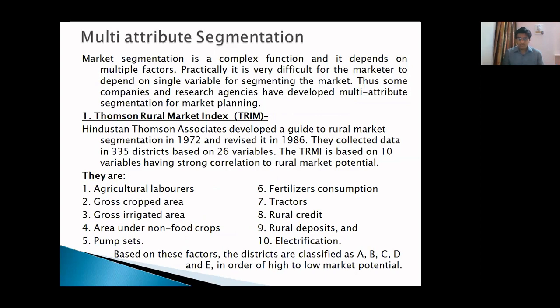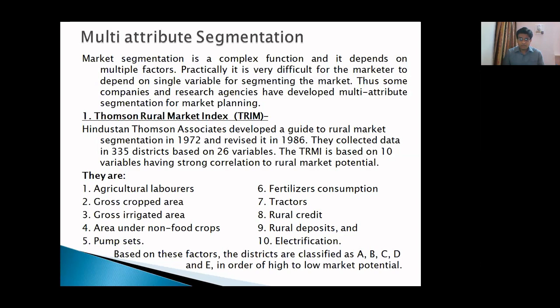Multi-attribute segmentation. It has been found that market segmentation is a very complex function and it depends on multiple factors. Practically speaking, it is very difficult for a marketer to depend on a single variable for segmenting the market. Thus, some companies and research agencies have developed multi-attribute segmentation for market planning.